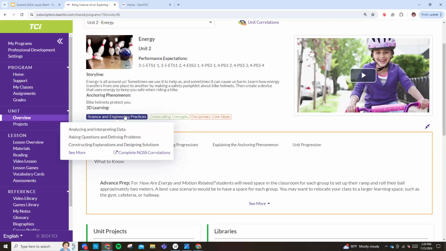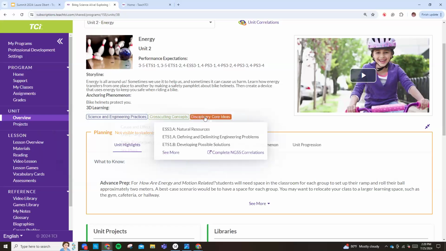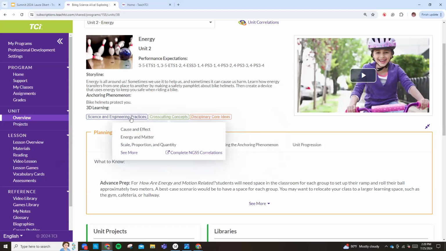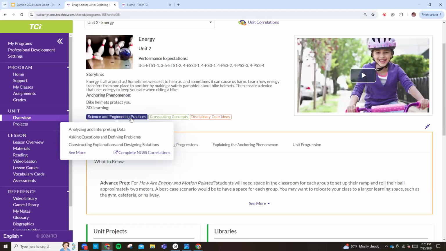Next Gen is really big on 3-dimensional learning. So what science and engineering practices, cross-cutting concepts, and disciplinary core ideas are we covering throughout this unit? You can hover over these and see exactly what you're going to be teaching and how you're going to be teaching it. That's what these science and engineering practices are throughout your unit of instruction. If you want to, you can go right down here and click on the full correlations, and that's going to give you the complete NGSS correlations.